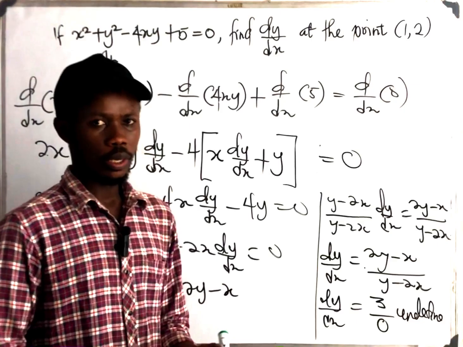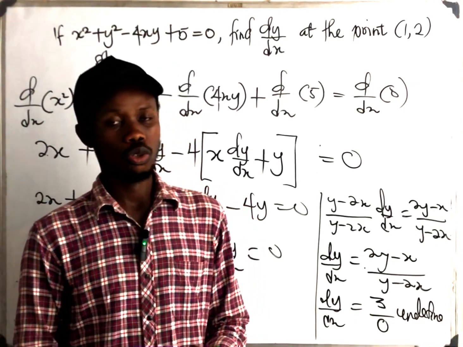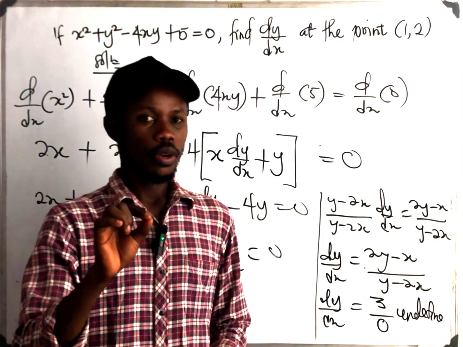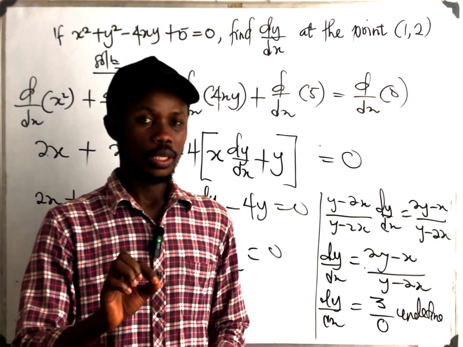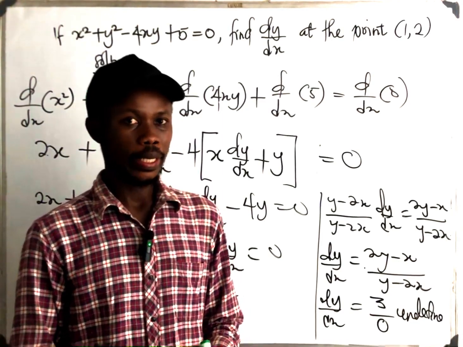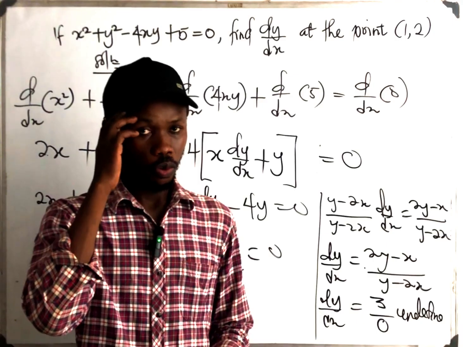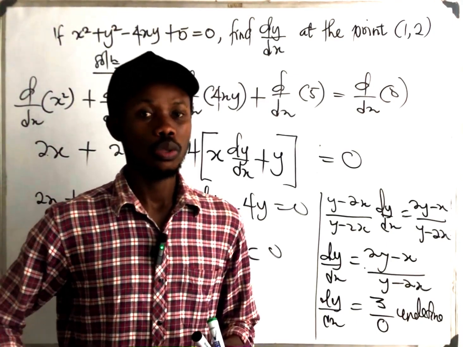Now let me ask you a question. If a gradient is undefined, what does it mean? That is a question you should ask yourself. If a gradient is undefined, it means that that gradient is not in the slope form, but is in a vertical form. And if a gradient is 0, it means that that gradient is in horizontal form.